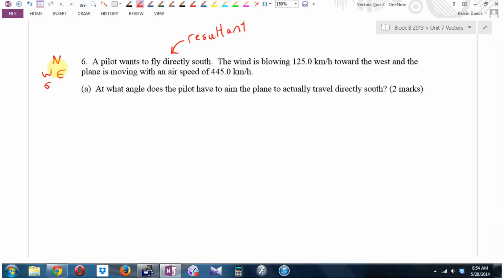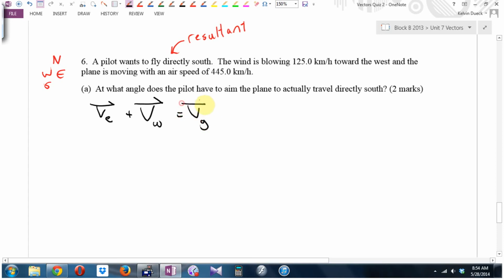What we're saying here is this. In terms of the physics, we're saying the engine velocity and the wind velocity gives you the ground velocity. Okay? So far, so good. Well, I know the wind.